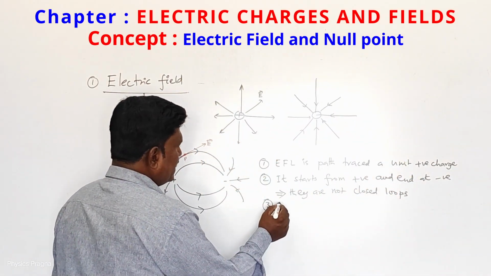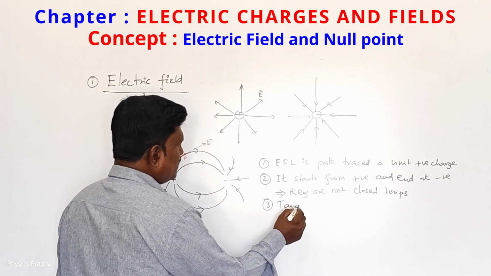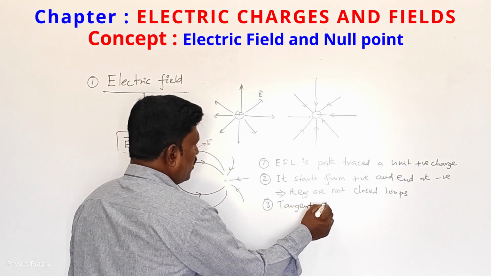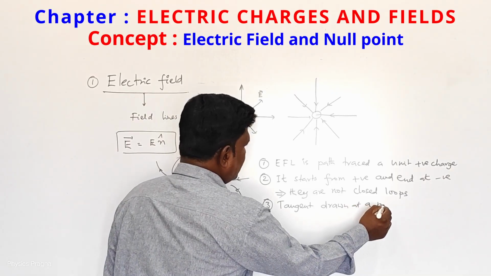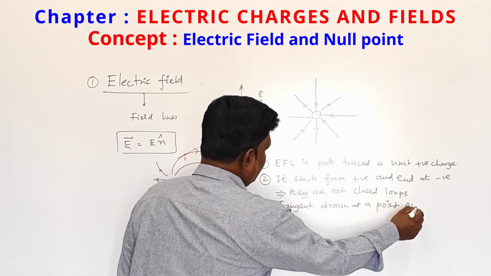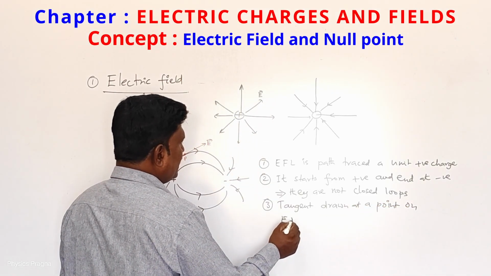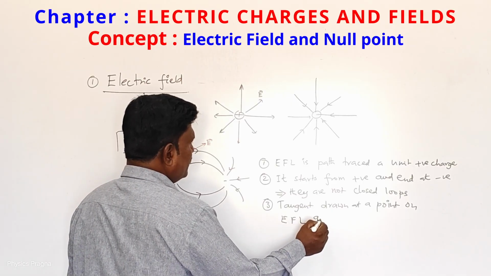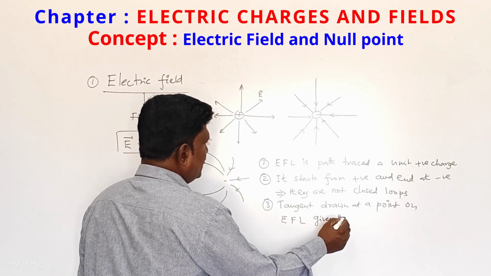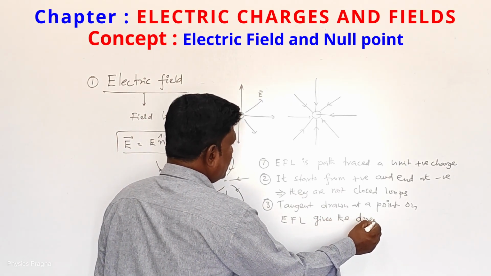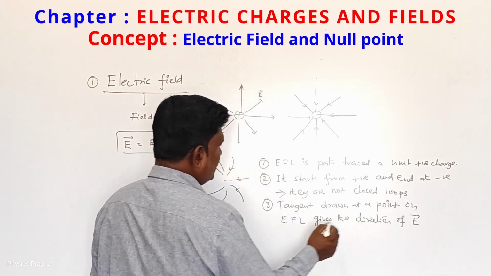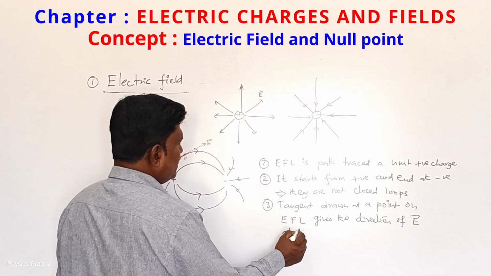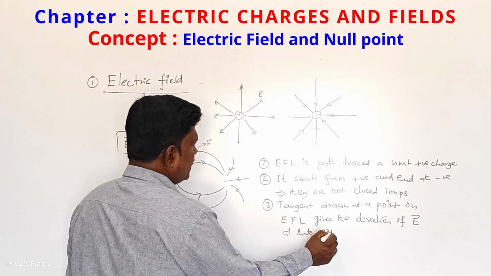The tangent drawn at a point on an electric field line gives the direction of the electric field at that point.